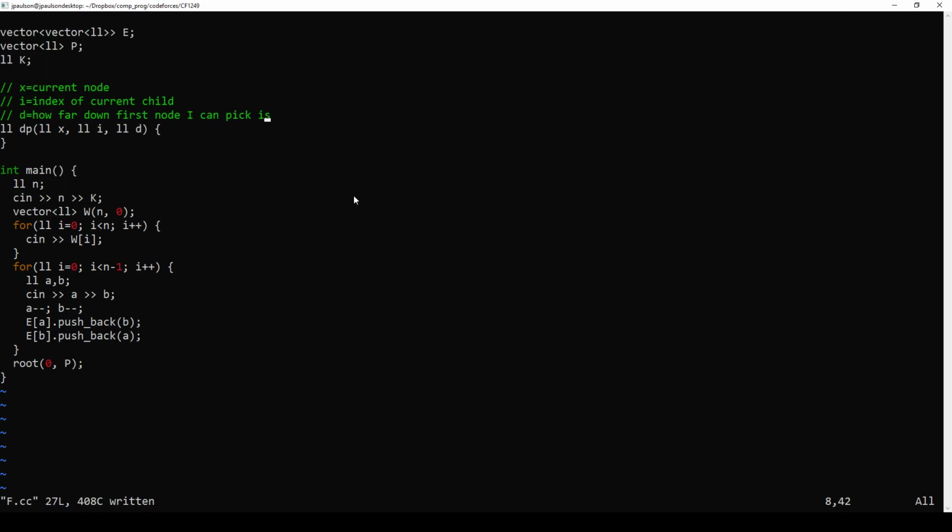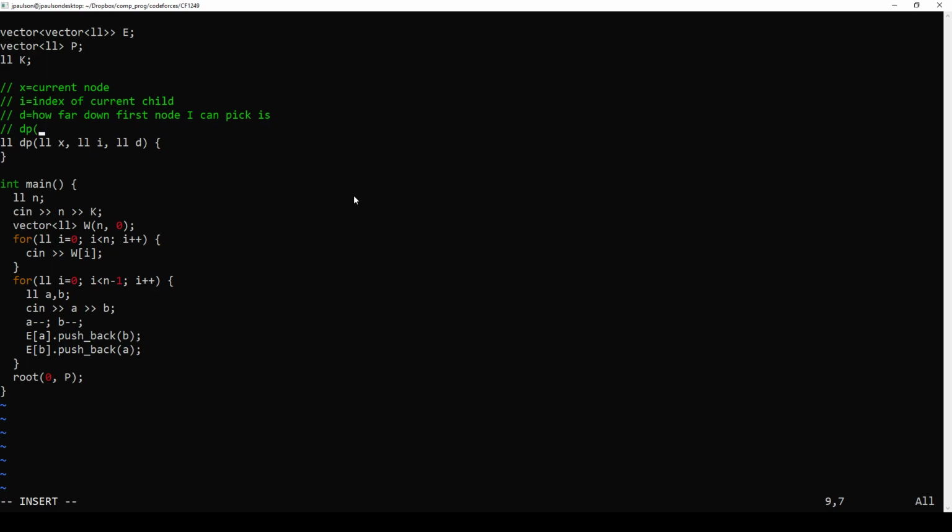The tricky thing here is going to be formulating the DP state correctly, and also how to calculate the answer. By the way, what is this trying to say?